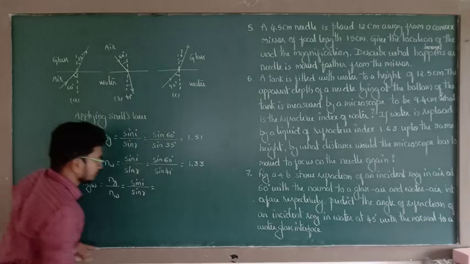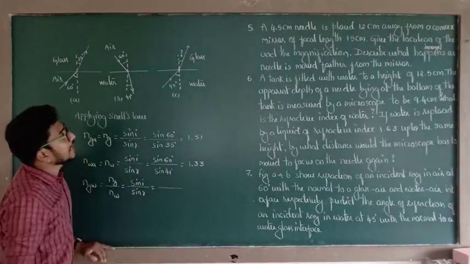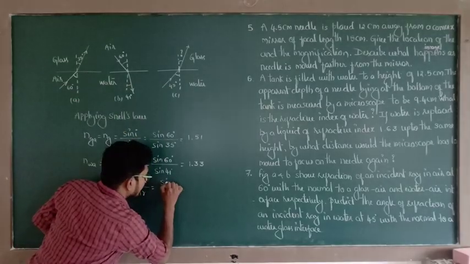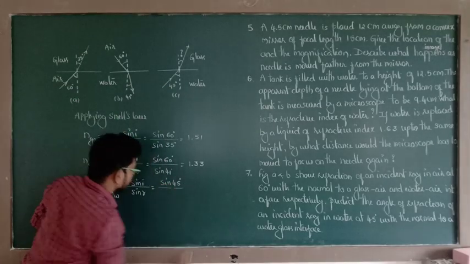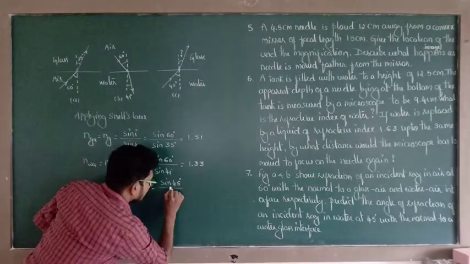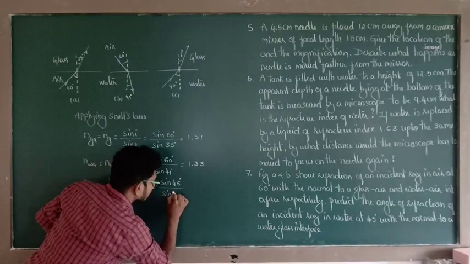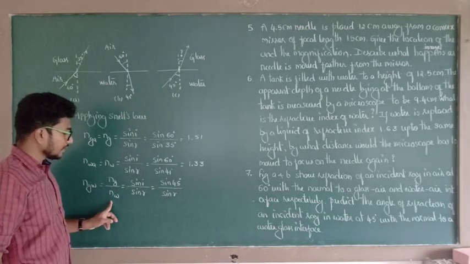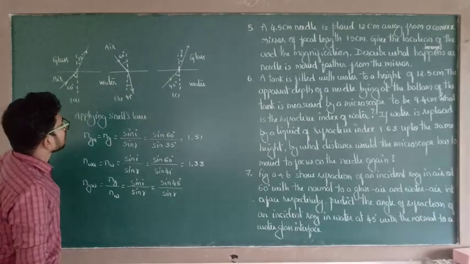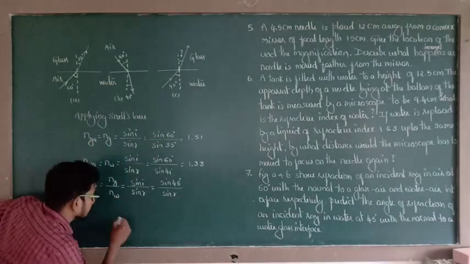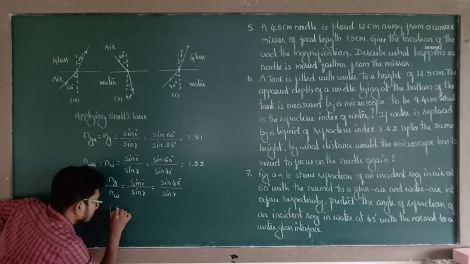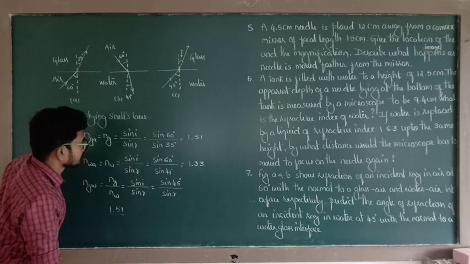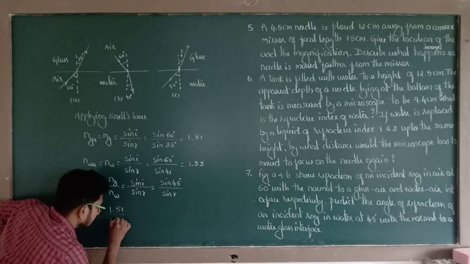The angle of incidence in water is 45 degrees, so sin 45 degrees divided by sin r. We don't know the angle of refraction. Here the absolute refractive index of glass is 1.51 and the absolute refractive index of water is 1.33.